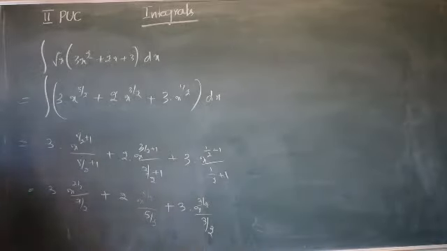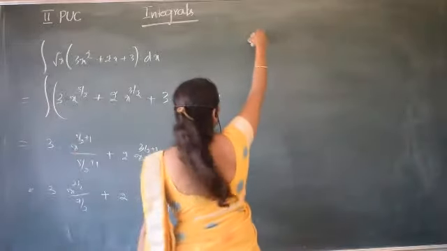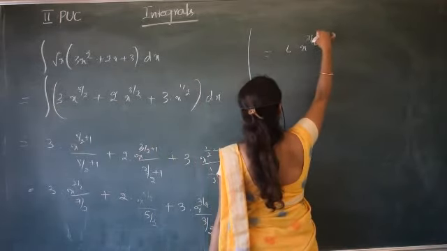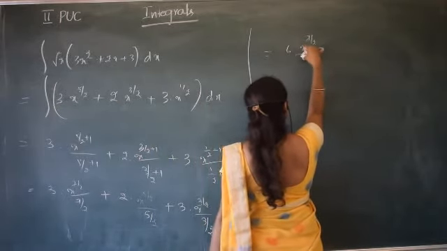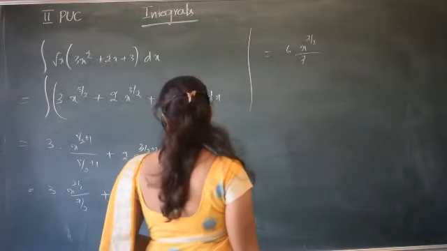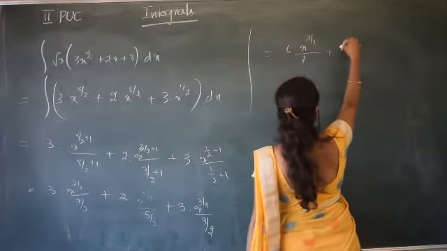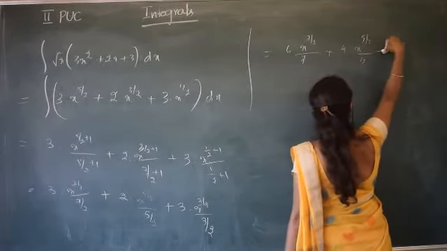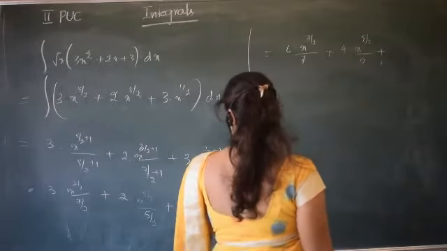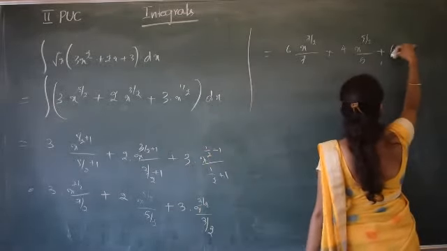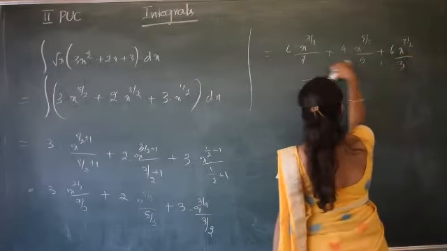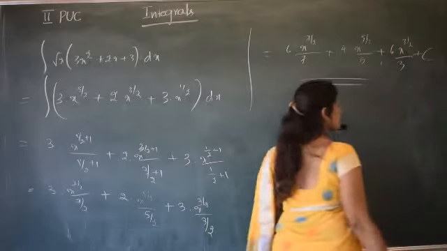Now I can take the numerators, so it becomes 2 into 3 is 6. 6 into x to the power 7 by 2 by 7, plus 4 into x to the power 5 by 2 by 5, plus 6 into x to the power 3 by 2 by 3, plus c.